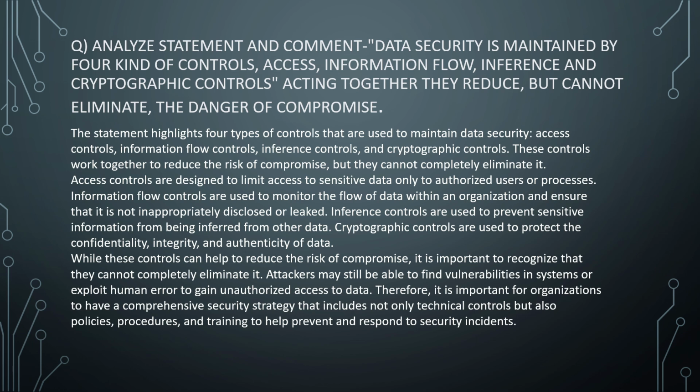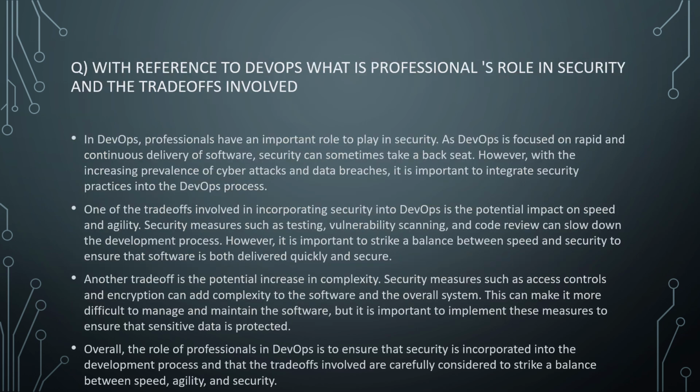Attackers may still be able to find vulnerabilities in systems or exploit human error to gain unauthorized access to the data. Therefore, it is important for organizations to have comprehensive security strategies that include not only technical controls but also policies, procedures, and training to help prevent and respond to security incidents.